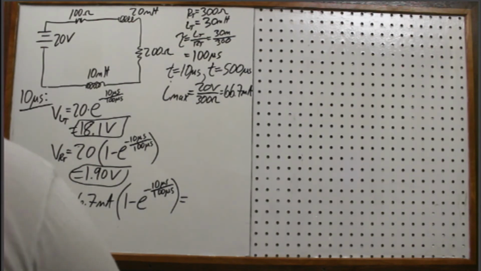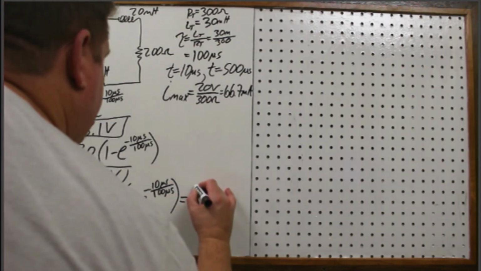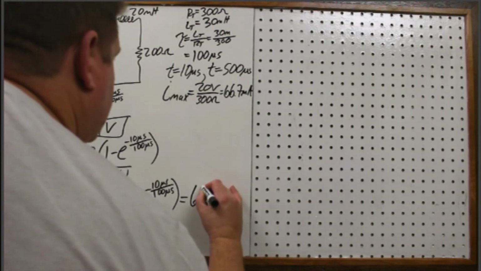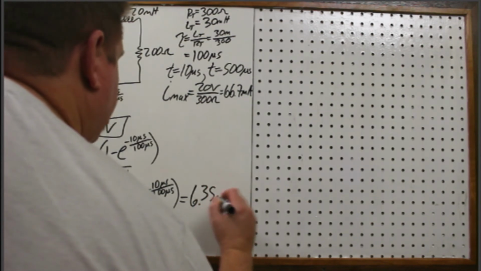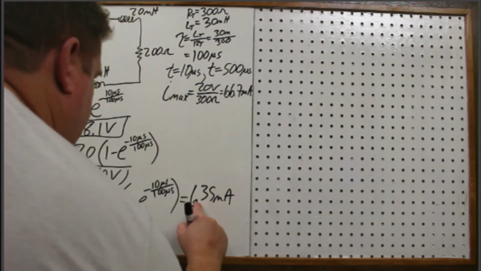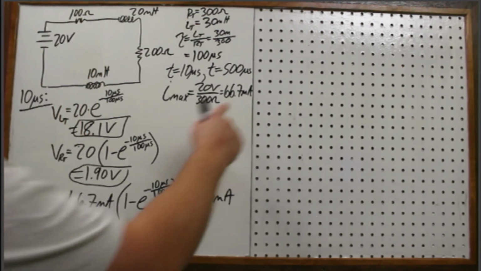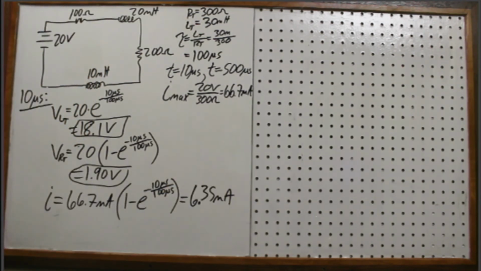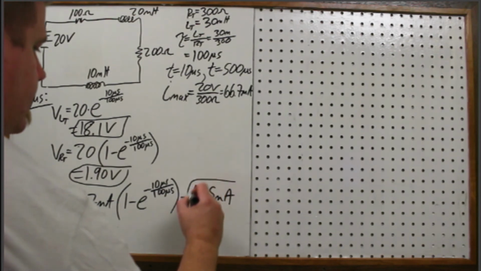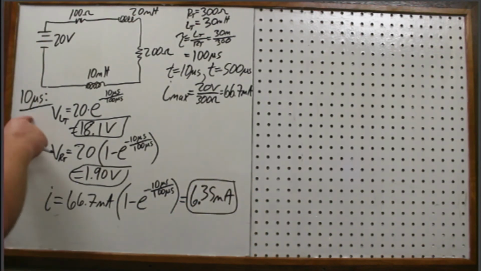And there we get 6.35 milli. So not very much to start off with, considering it's going all the way up to almost 67 milliamps. So that's taking a picture of it really early on.